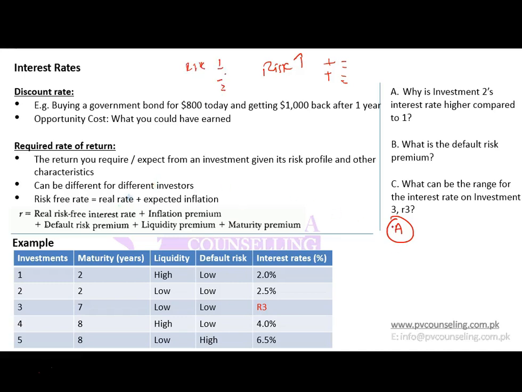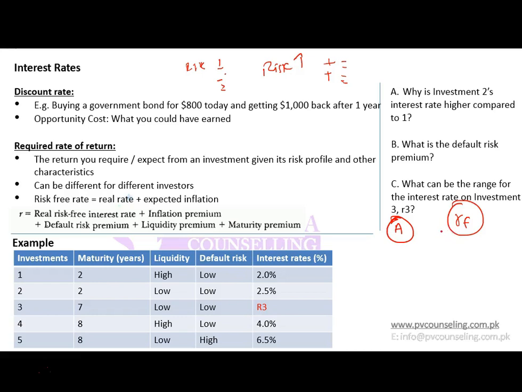So how do you come up with required rate of return? First of all, let's say this is an investment A. The base point is your risk-free rate. So you will find out what is the risk-free rate in the market. Let's say we talk about Pakistan. We could start with KIBOR.